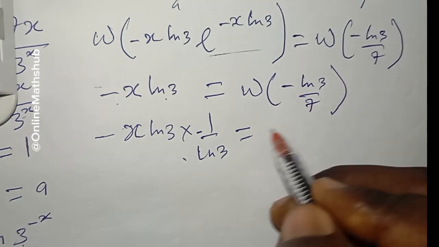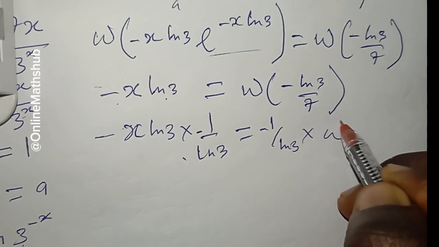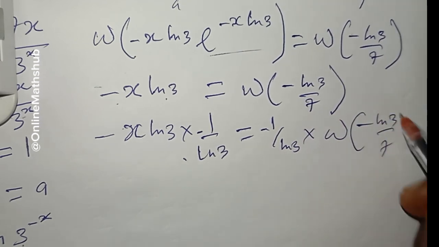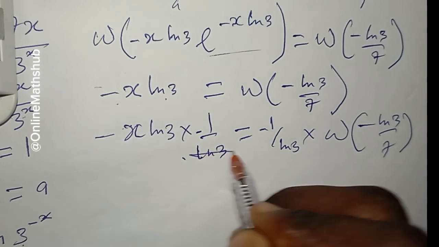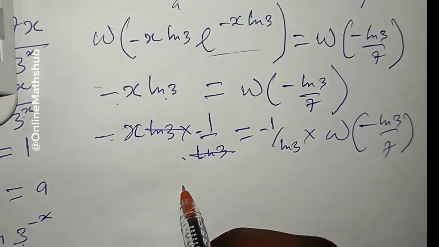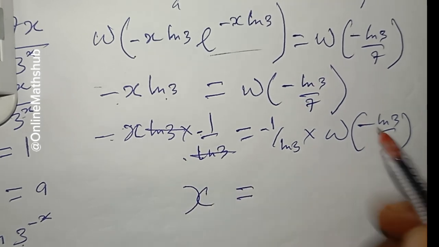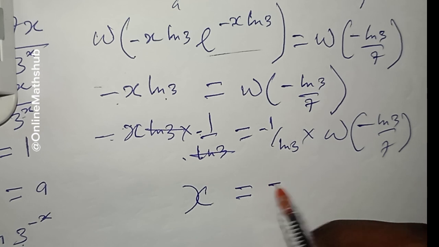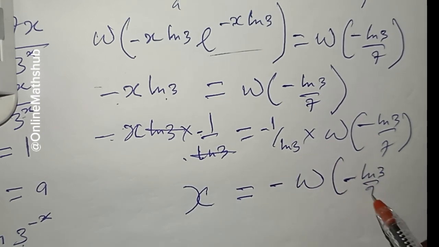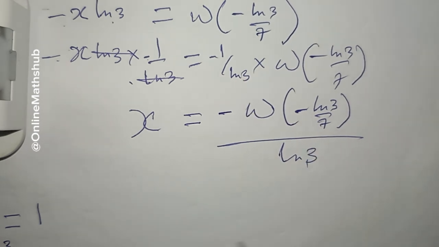If I also do that here, negative 1 over natural log of 3 multiplied by the Lambda W function of negative natural log of 3 divided by 7. So this is going to cancel this, minus times minus is plus. So on this side I'm left with x equal to, and then I can also write this one as negative Lambda W function of natural log of 3 divided by 7, now divided by this natural log of 3 right here.